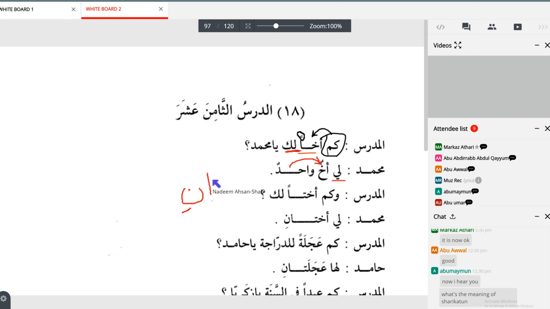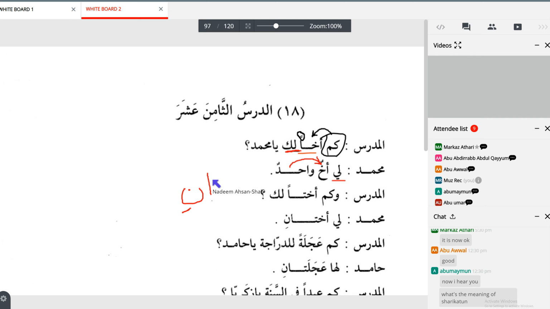What's it pointing to? What's it referring to? No, I'm the bike. أحسنت جزاكم الله خيرا. للدراجة عجلتان. للدراجة عجلتان. لها عجلتان.